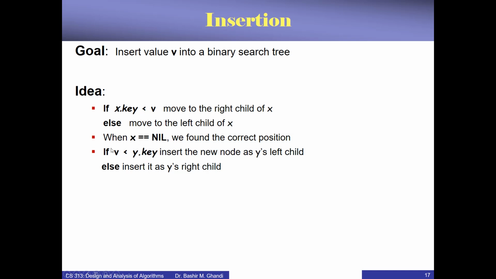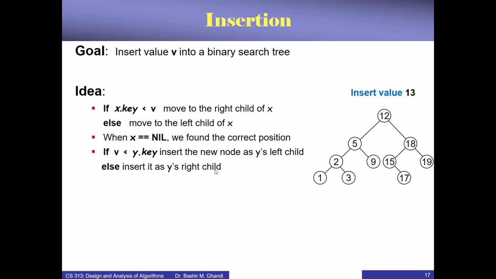Is it going to be the left child or the right child? It depends on how V compares to the key of the parent y. If V is less than y.key, then we're going to put our V as a left child of y. Otherwise, the node containing V will be the right child of y.